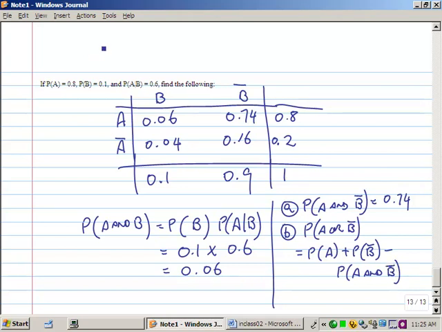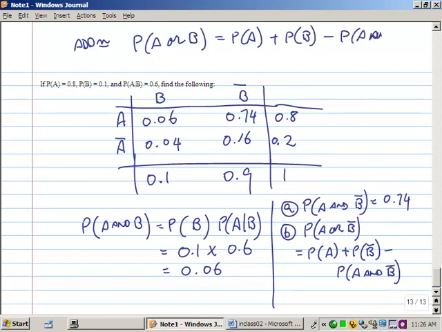If you're uncertain about that, note that the addition rule says the probability of A or B is equal to the probability of A plus the probability of B minus the probability of A and B. Okay?